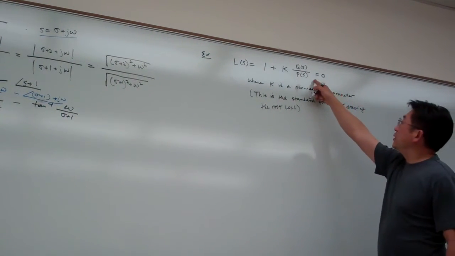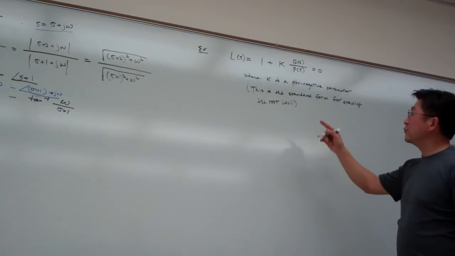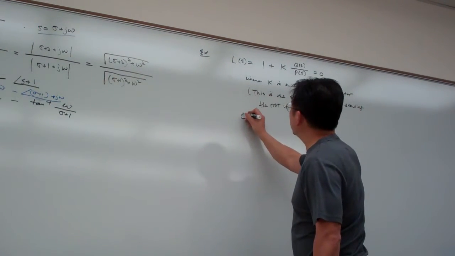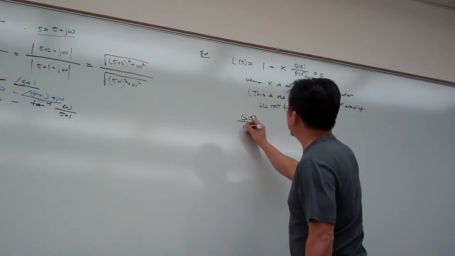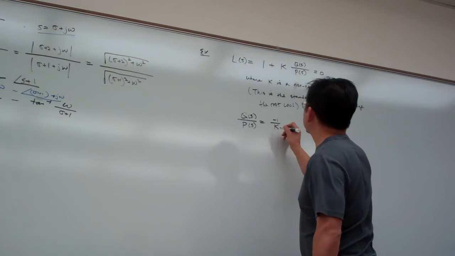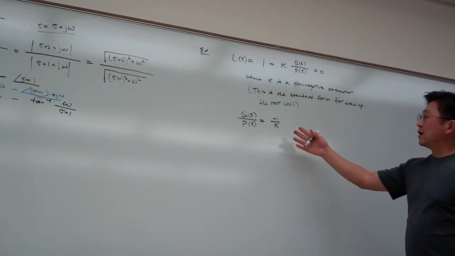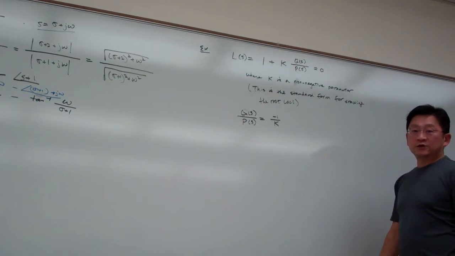So in this way, we have this, and k is a certain constant. So simply we rewrite the whole thing: Q over P equals minus 1 over k. Okay? So that is our complex function.